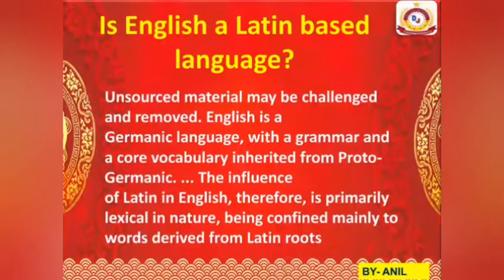English is a Germanic language. We have already seen the Germanic peoples, who brought this kind of language with a grammar and core vocabulary inherited from Proto-Germanic. The influence of Latin in English, therefore, is primarily lexical in nature, being confined mainly to words derived from Latin roots.